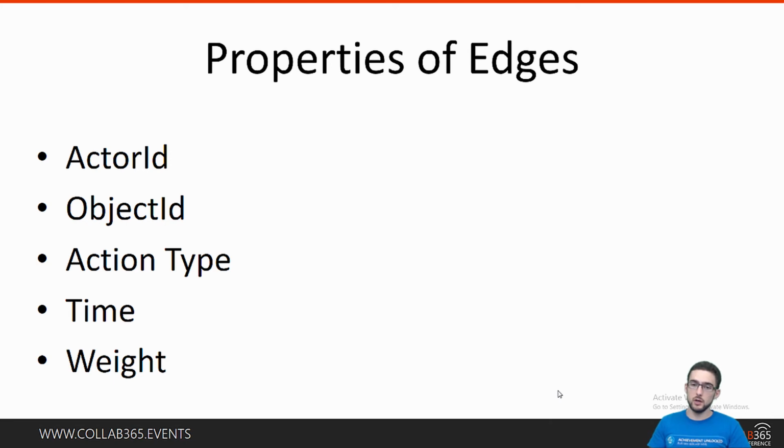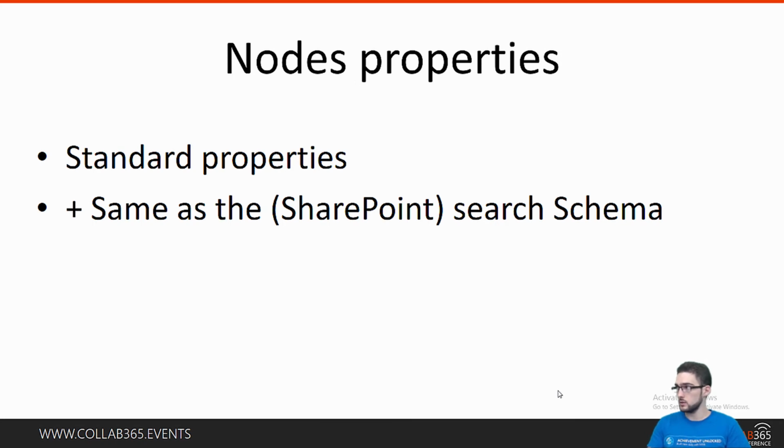And on every edge, you have some standard properties like the actor ID, the object ID, the action type, the time, and the weight, because edges can have different importance, which is weighted, and so on. And for node properties, you have all the properties described in the documentation, plus everything that you put for SharePoint content in the search schema.